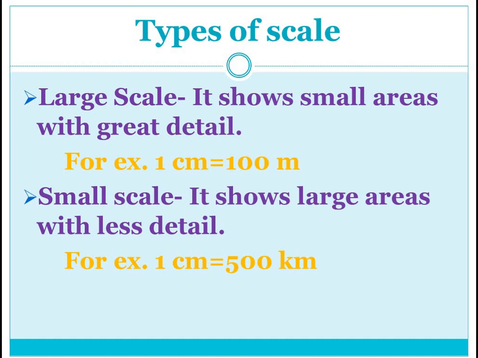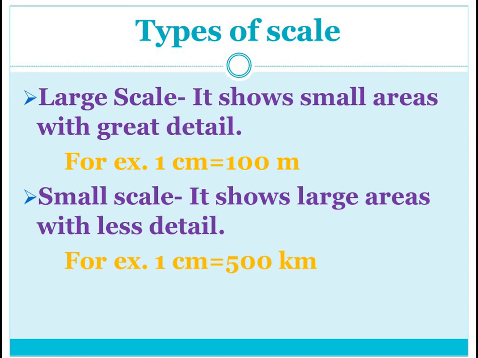For example, 1 centimeter is equal to 100 meter. It means 1 centimeter of the paper is representing 100 meters of the actual ground. So this is all about the large scale.